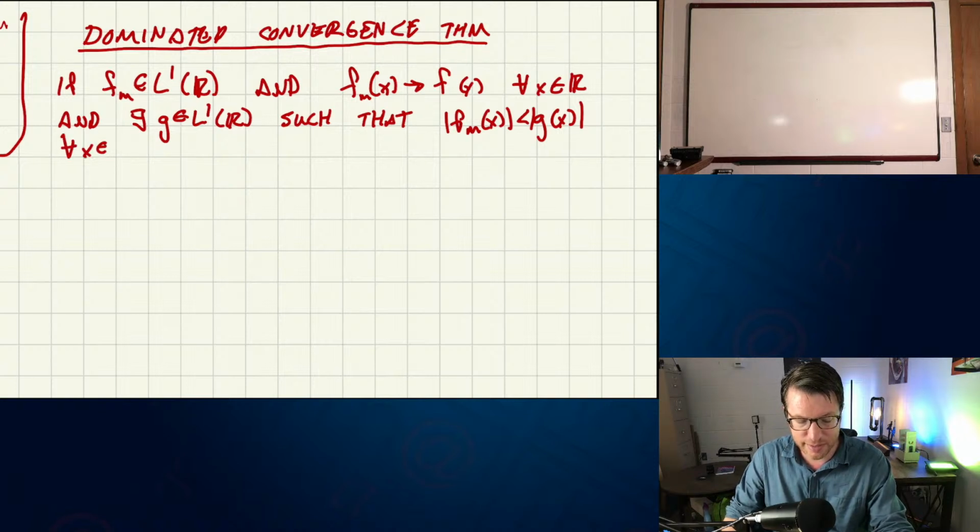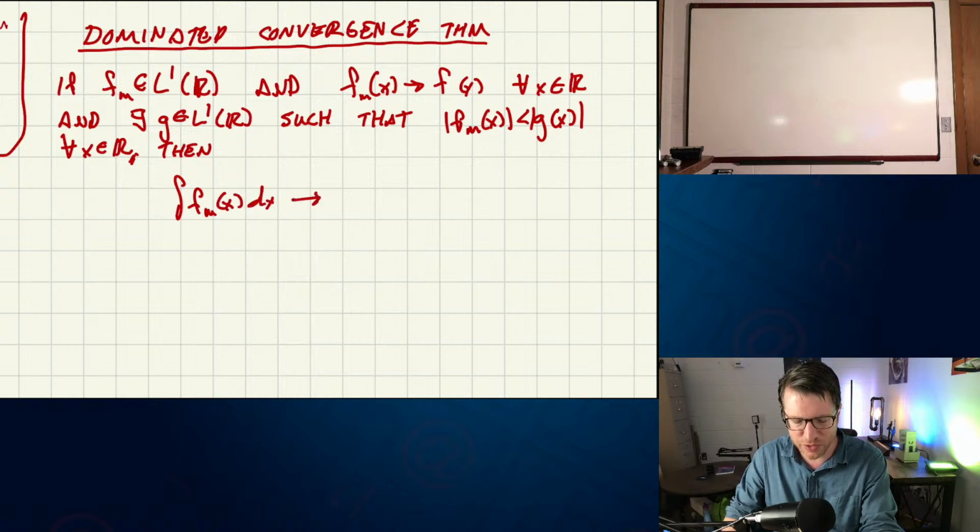All right, there we go. Then we have the integral of f_m of x dx converges to the integral of f of x dx.